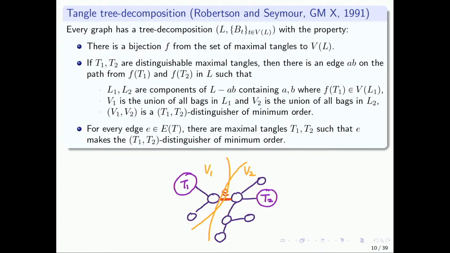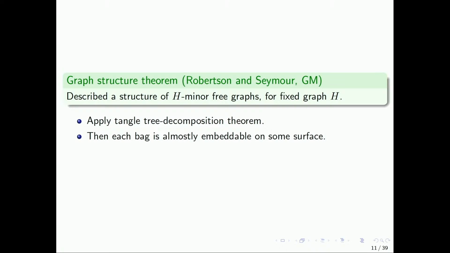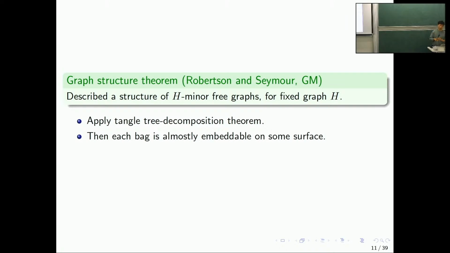So they use the tangle tree decomposition to obtain a graph structure, the famous graph structure theorem. Throughout the graph minor papers, they want to prove Wagner's conjecture, and to do that, they obtain a structure for the H-minor-free graphs for a fixed graph H. Very briefly, they first apply the tangle tree decomposition, and then for each bag, because of the property that it corresponds to a maximal tangle, they argue that if you forbid some minor, then the bag should be almost embeddable on some surface.